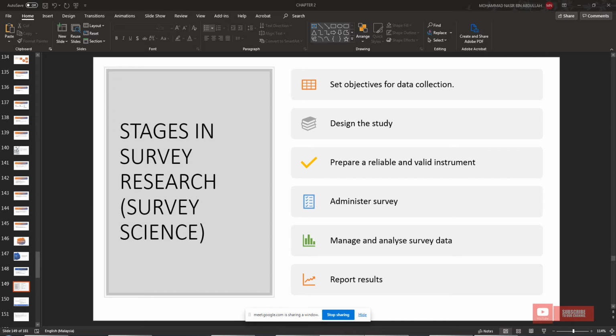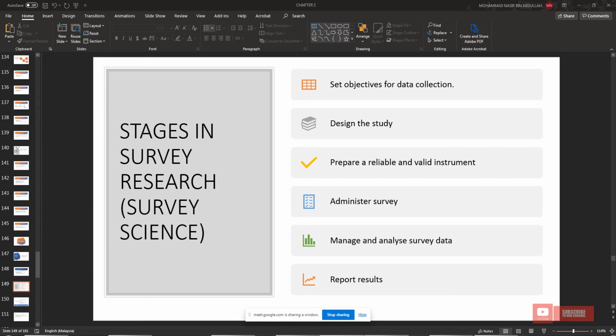And then step number 4, I need to administer the survey. To administer the survey means that I need to do a data collection process. The data collection process might be face-to-face, through the internet, through mail, through telephone, and so on.